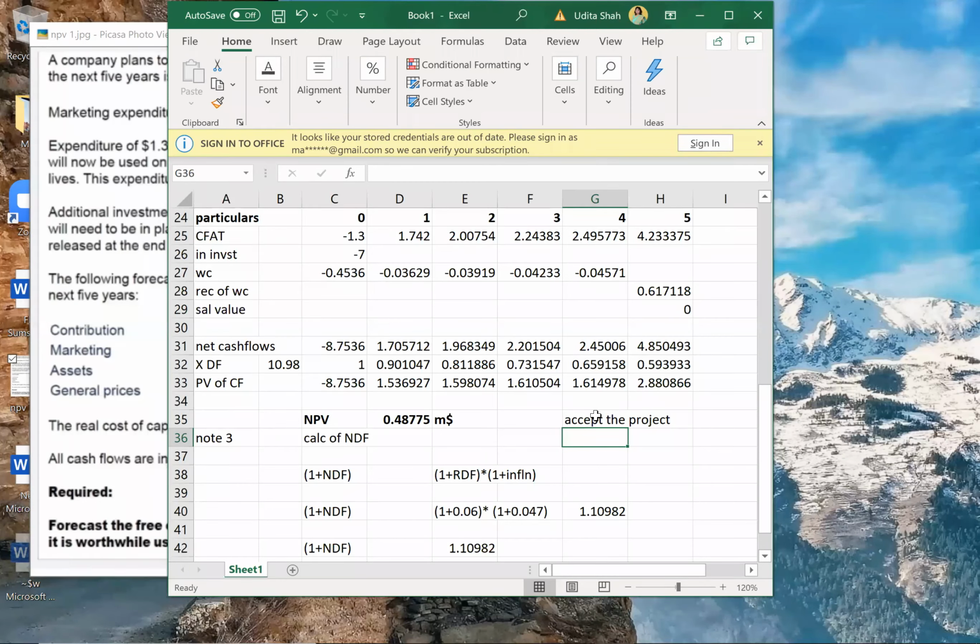If you're getting the same answer, just put a yes in your group chat so I'll get to know.